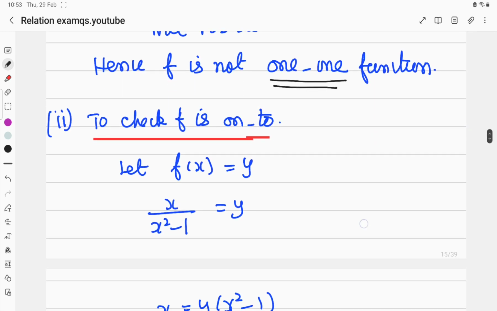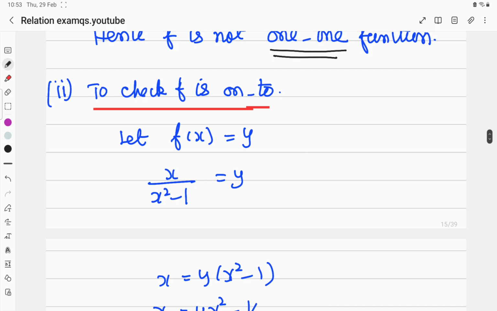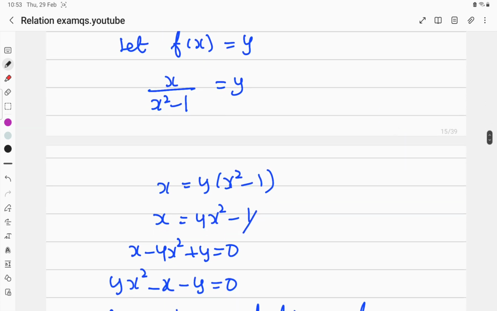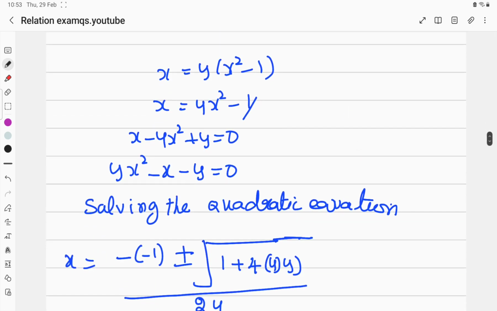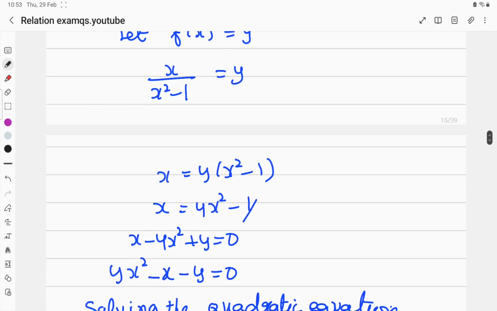To check f is onto, let f(x) = y. We know f(x) = x/(x² - 1), so x/(x² - 1) = y. Then we get the value of x in terms of y.